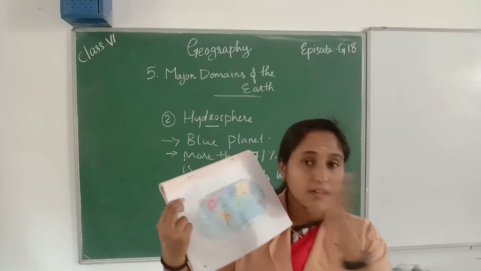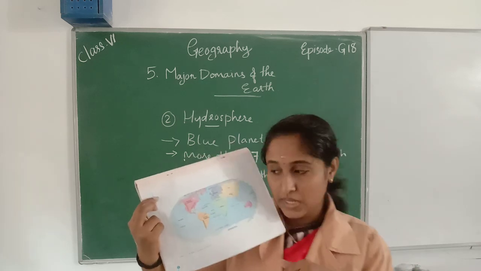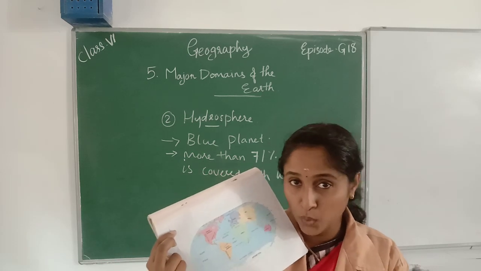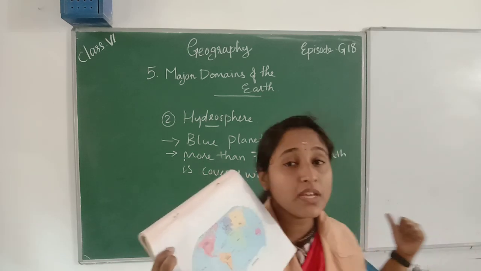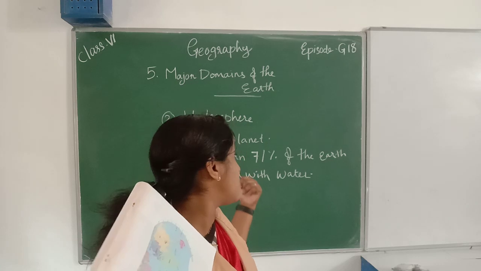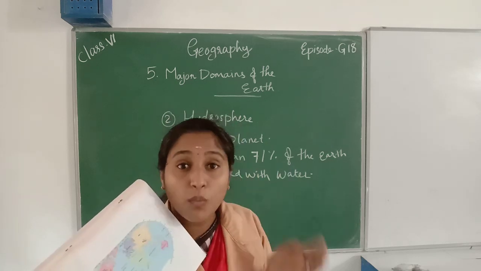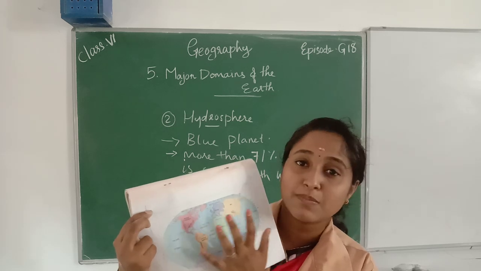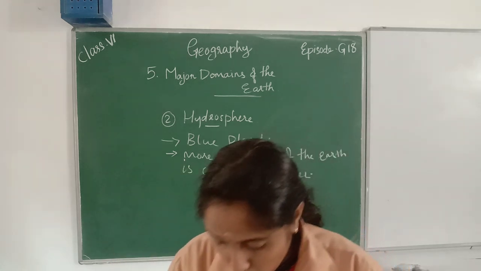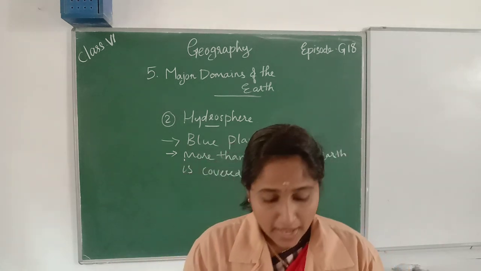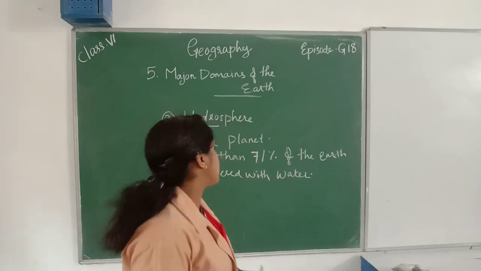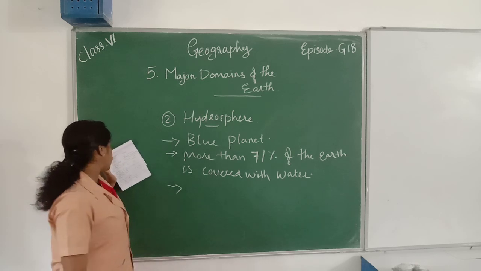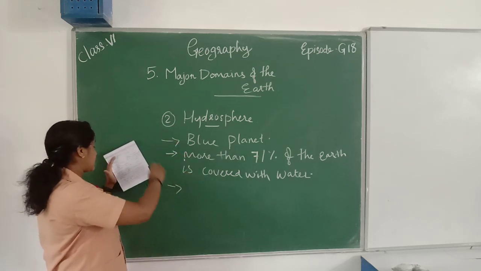Hydrosphere may be considered the water bodies or water areas. Earth is called the blue planet because of what? More than 71% of the earth is covered with water. Look at these colors of blue. This is meant by the water bodies. The hydrosphere consists of water in all its forms.